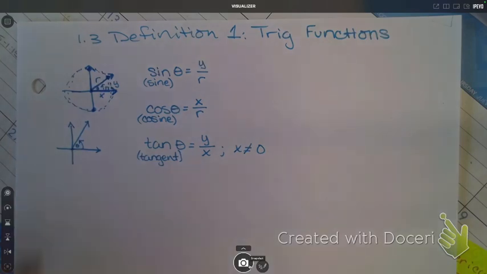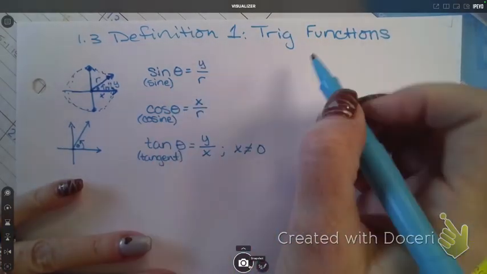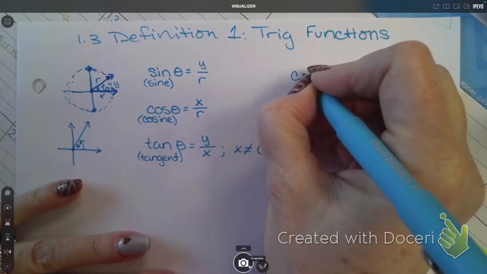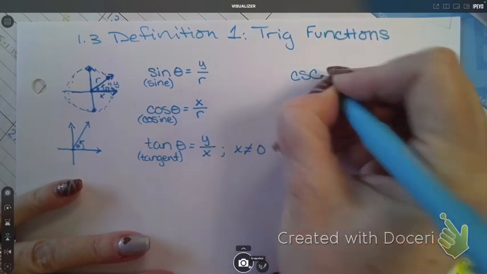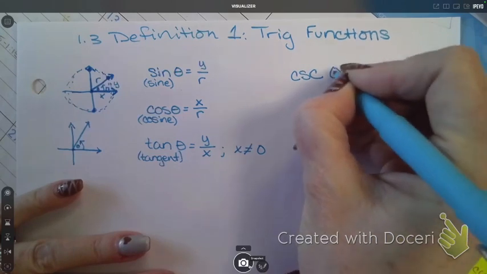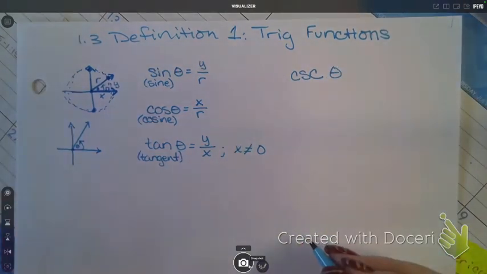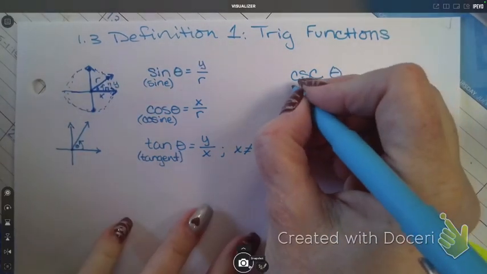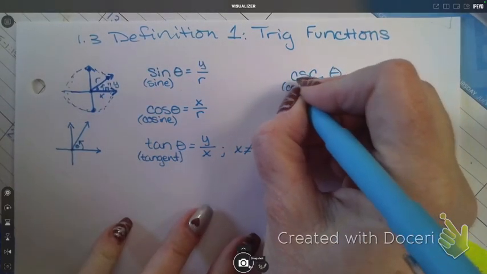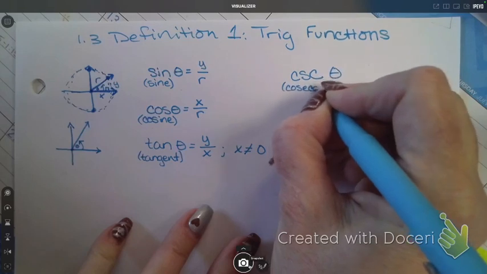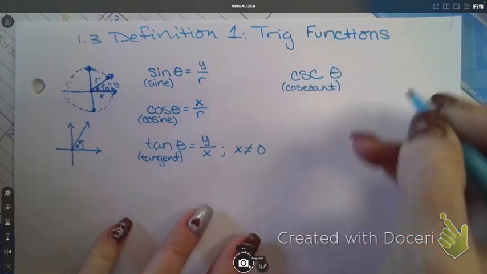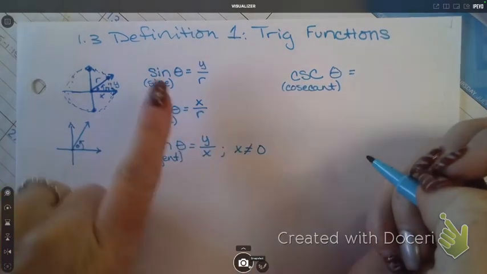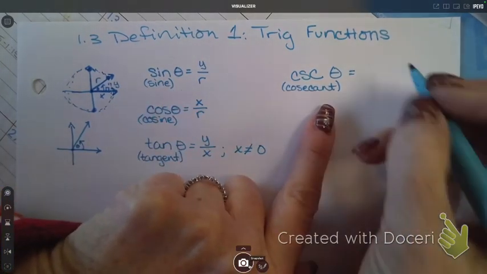So the reciprocal of sine is cosecant. It's abbreviated CSC, and it is spelled cosecant. It's the reciprocal of sine, so it's what over what?